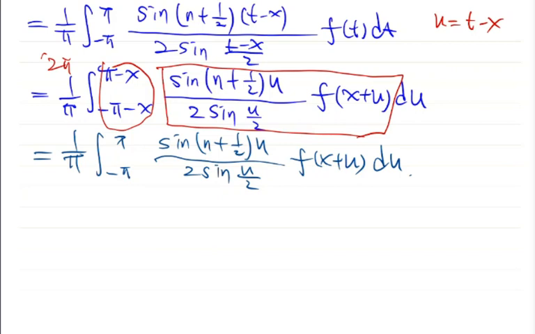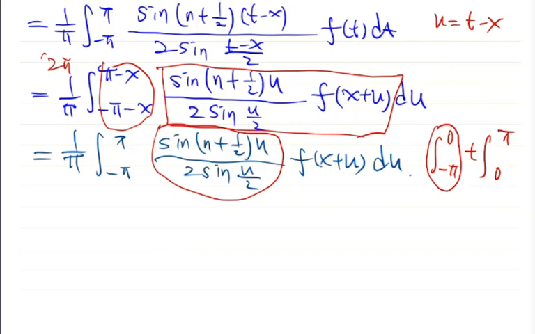So having obtained this result, because this is an even function, replacing u by minus u, this fraction remains unchanged. Therefore, we can divide the interval of integral into 0 to pi and minus pi to 0. And then in the minus pi to 0 interval, we make a change of variable u by minus v.